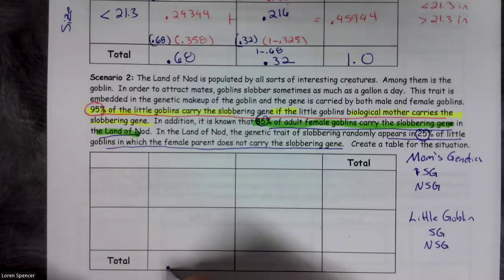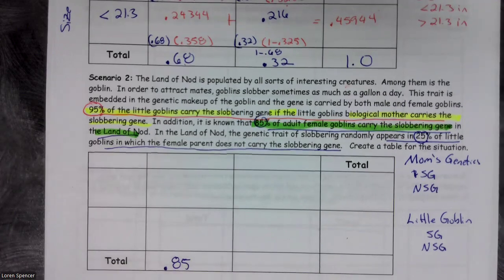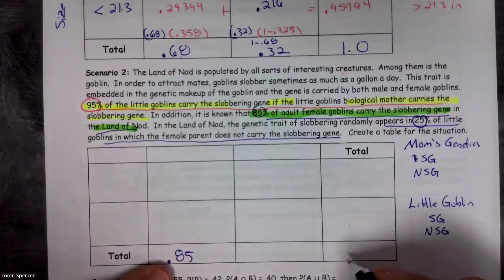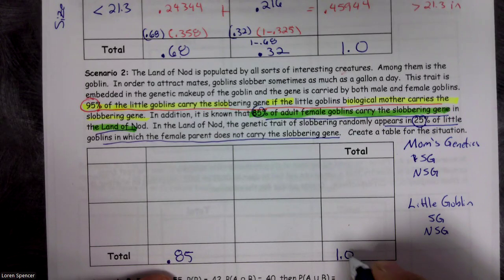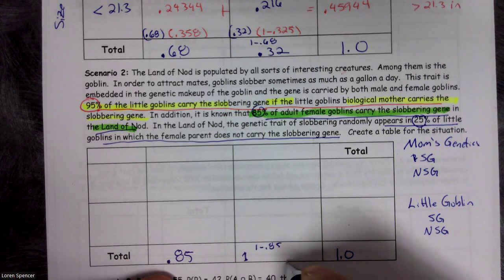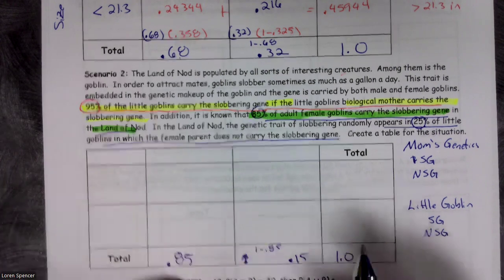So this is going to be 0.85 or 85 divided by 100. Make sure my lights don't turn off anytime in the near future. And since I know that value, I know I can go ahead and write 1. And this is going to be 1 minus 0.85, which gives me a big 0.15 right there.